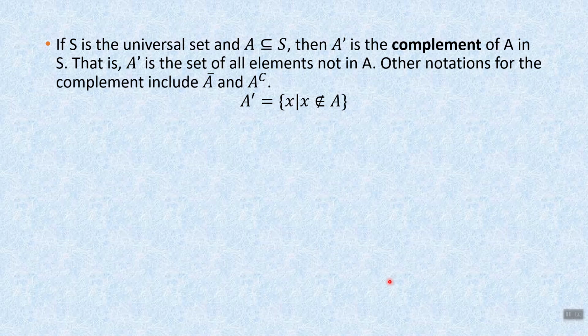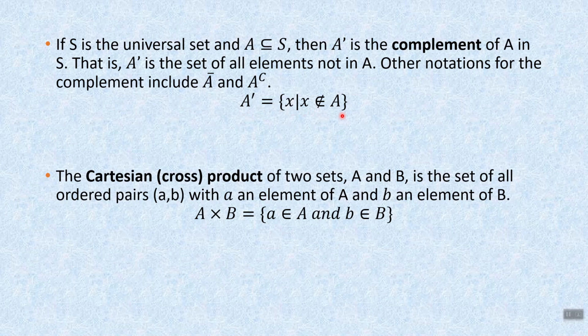All right, that C is generally raised, maybe lowercase, maybe capital, but these are generally the most common notations you'll find in mathematics. And A prime seems to be probably the most common, but you might see it in other notations as well. A prime, A complement, is the set of all x such that x is not an element of A.